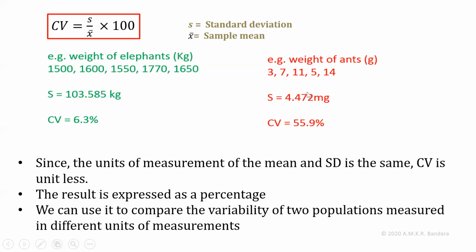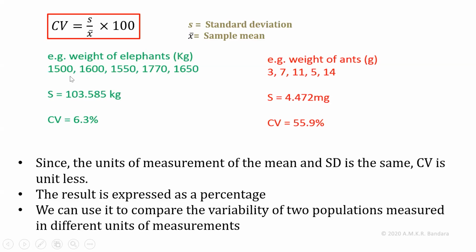Here it is less because it is 4.47 milligrams. But when we focus on the data, you can see this data point 7 is twice bigger than this data point 3, and even this 11 is almost 3 times this observation. You can see the variability among observations is higher in the ant population.